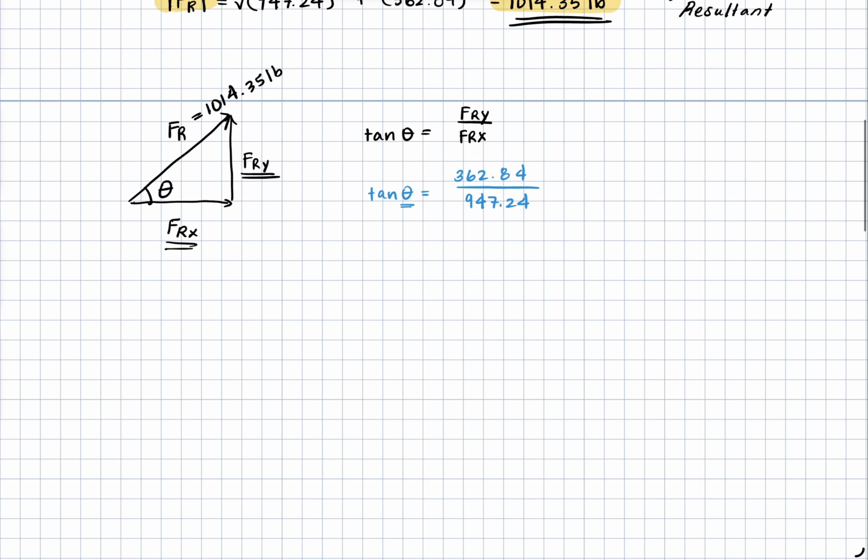And then if we take the inverse of the tangent, so tan inverse of 362.84 over 947.24, we plug that into our calculators, and we're going to get 20.96 degrees above the x-axis. So this is our direction for the resultant force.